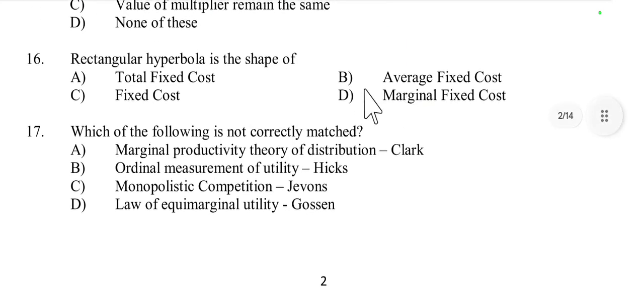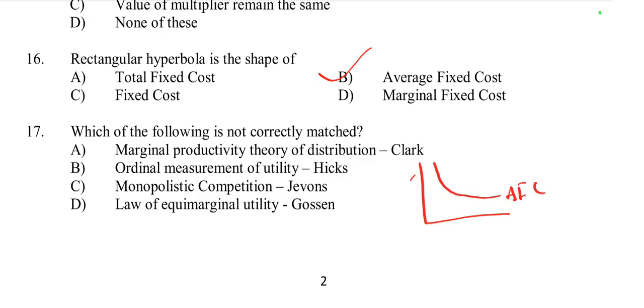Then question number 16, a rectangular hyperbola is the shape of total fixed cost, average fixed cost, or marginal fixed cost. So the rectangular hyperbola shape is AFC, average fixed cost, because AFC's shape is just like that.